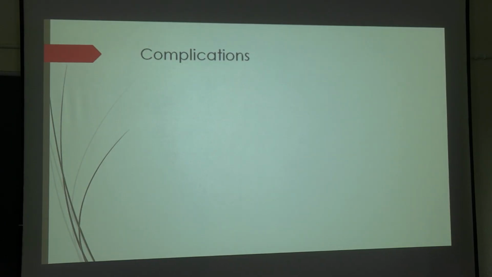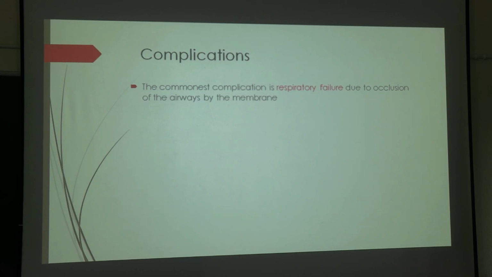Now what are the complications of diphtheria? The most dreaded complication is the cardiological complication. Diphtheria can cause myocarditis and it can be fatal. So the most common fatal complication is carditis. The most common complication is respiratory failure due to obstruction by the pseudomembrane.